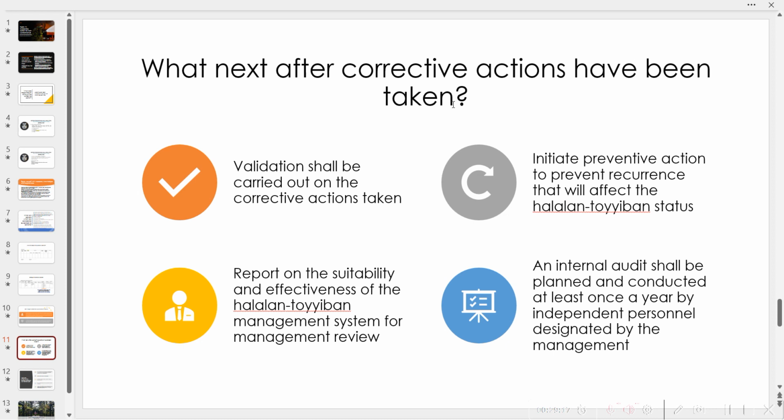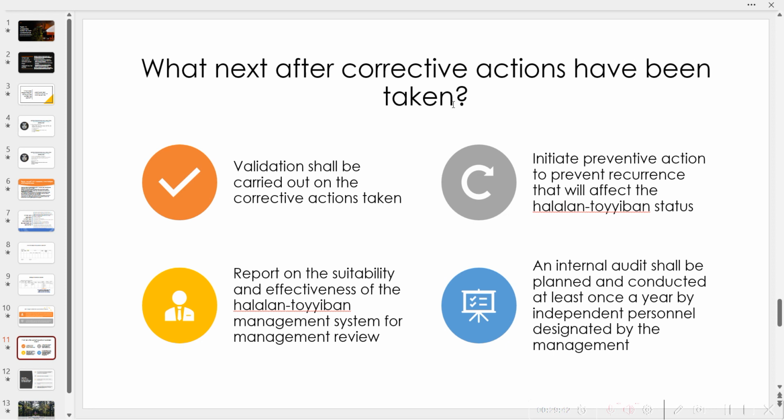Initiate preventive action to prevent recurrence that will affect the halal toyyiban status. Report on the suitability and effectiveness of the halal toyyiban management system for management review. Every year, before the audit by JAKIM, you need to carry out an internal audit. After the internal audit, you need to carry out a management review. So these corrective action activities shall be reported in the management review.